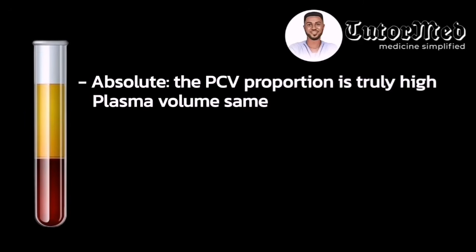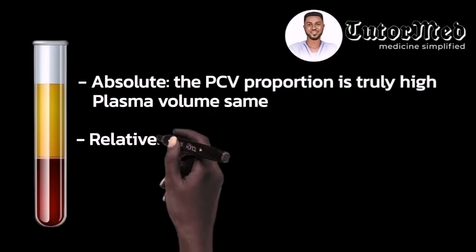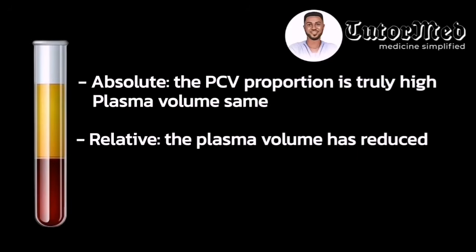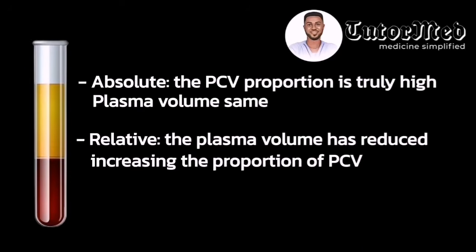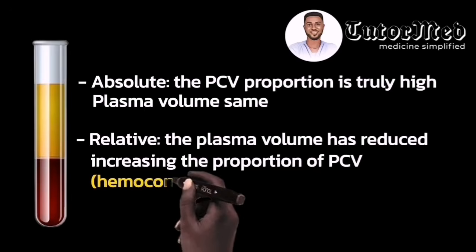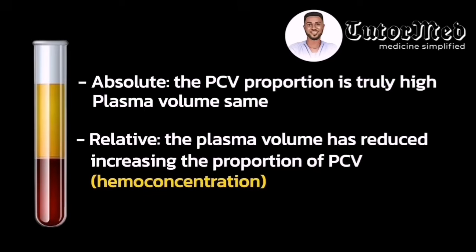The hematocrit has not increased because something affected the plasma volume. Comparing that to relative polycythemia, here something has happened to the plasma volume. It has reduced either through dehydration or another pathology, thereby falsely increasing the hematocrit, otherwise known as hemoconcentration.